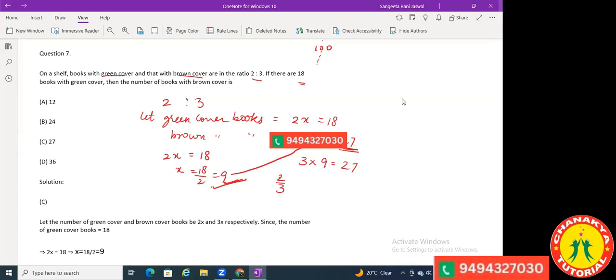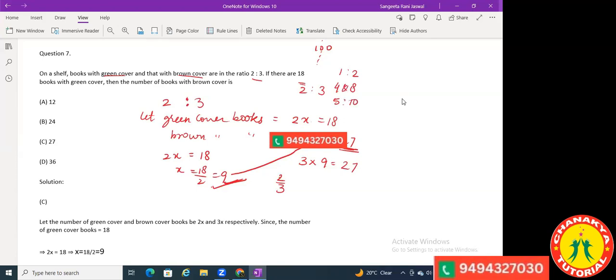Beta, whenever I am given a ratio form, I am always given the multiple of some number. If I say I have some toffees and some chocolates, so they are in the ratio 1:2. Now 1:2 can be 4 and 8 also, it can be 5 to 10 also.